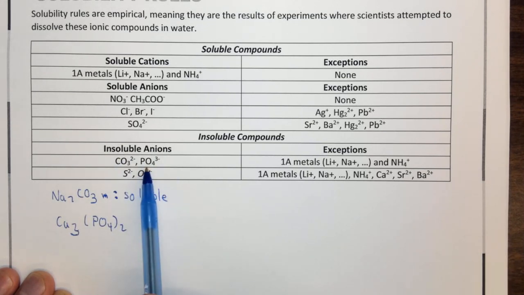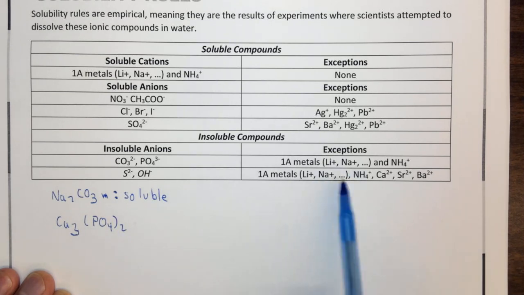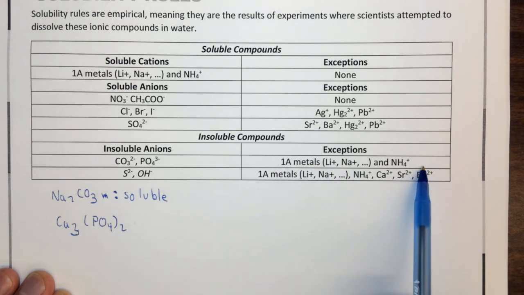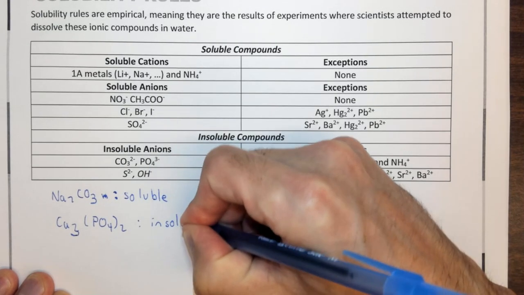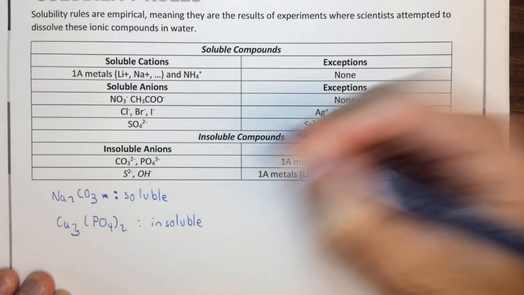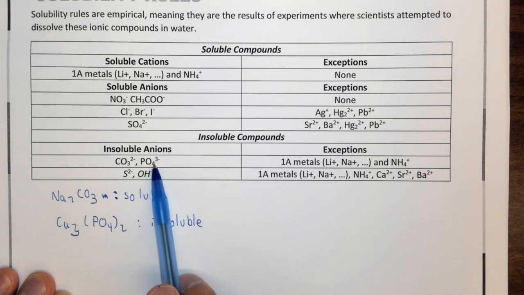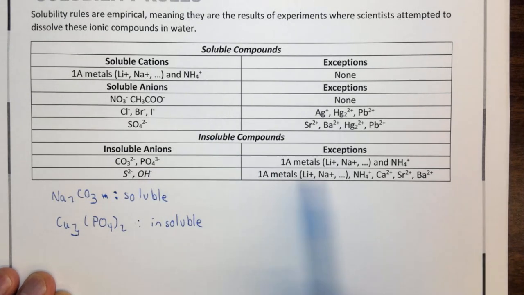Insoluble anions. Phosphates are generally insoluble. So we can't use calcium to figure it out. We have to use phosphate. Well, is calcium an exception? It is not. So this is insoluble. Notice, again, we found phosphate on the list. It's under insoluble compounds, and calcium is not an exception. So that's how we're using the table.